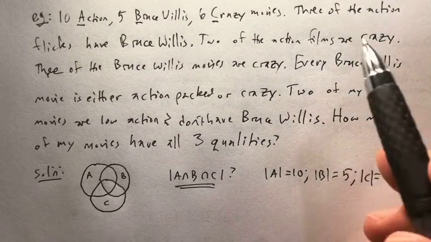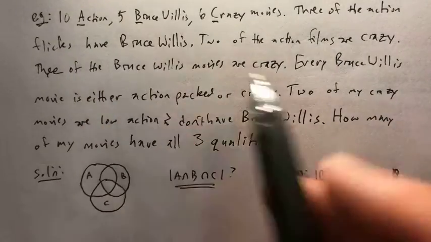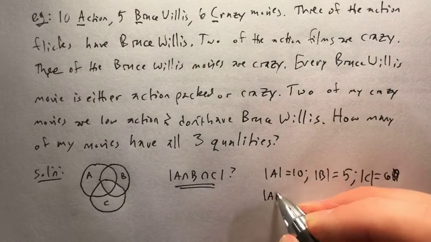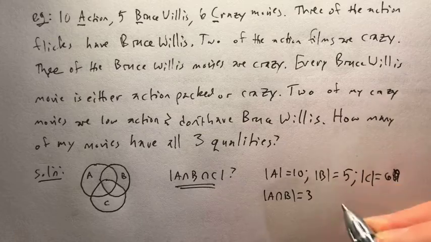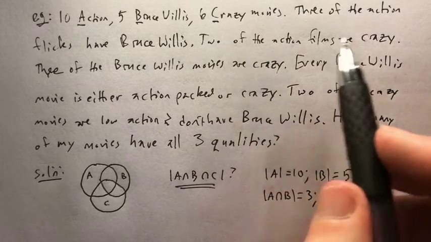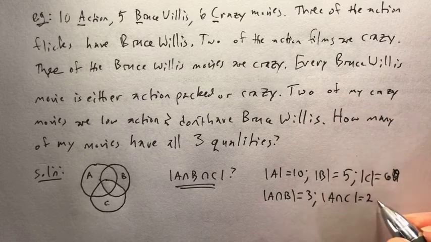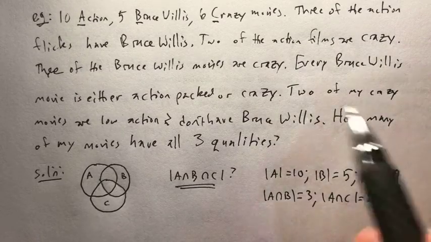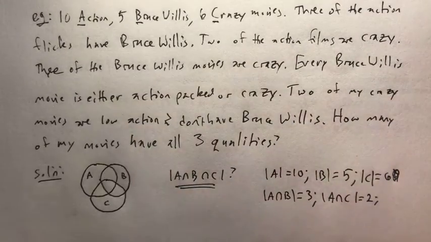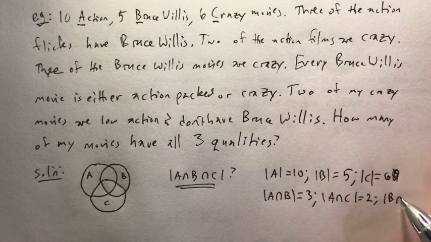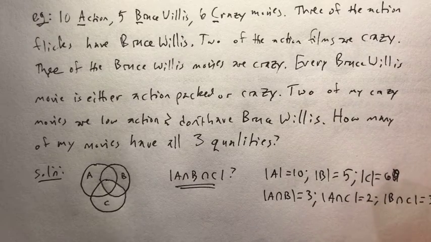What else? 3 of the action movies have Bruce. So the size of A intersect B equals 3. What else? 2 of the action films are crazy. The size of A intersect C equals 2. And what else? 3 of the Bruce movies are crazy. The size of B intersect C equals 3.